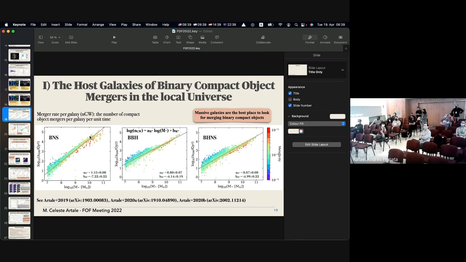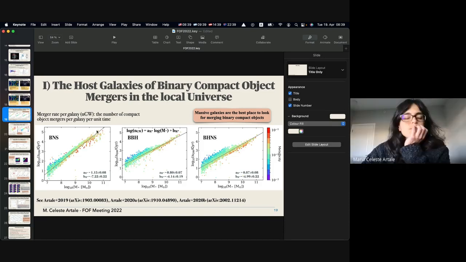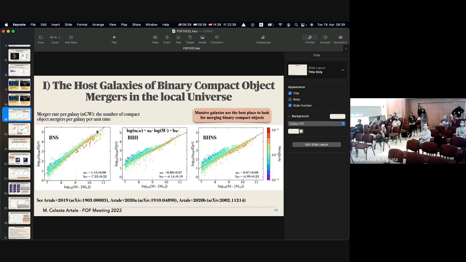So the rate per solar mass is basically constant. And smaller galaxies are actually more abundant. So shouldn't we have expected to detect the first counterpart in a small galaxy because of this?